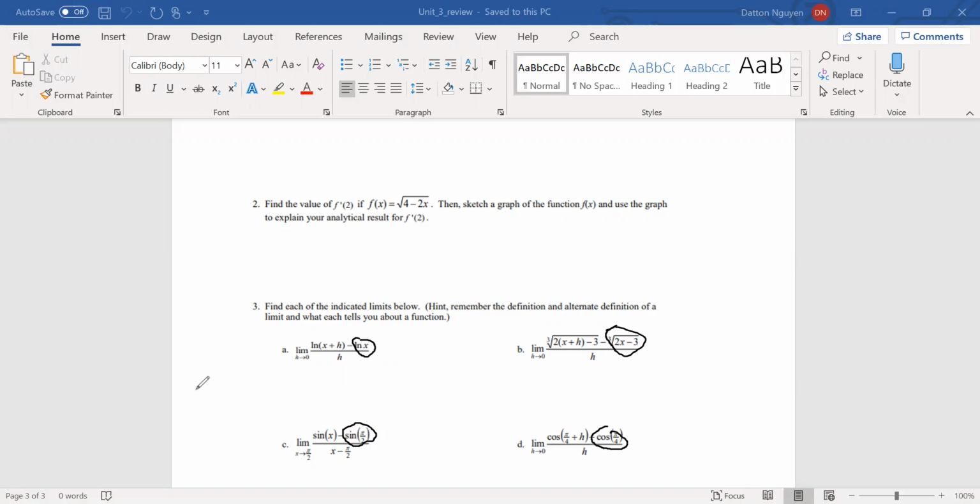Because remember the original limit process as h approaches zero, generally speaking, that was what was defined for you in the very beginning about a derivative.